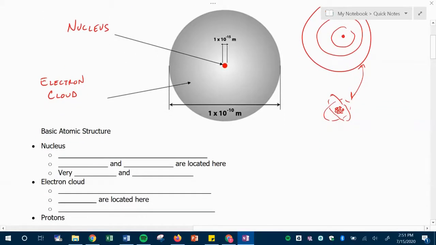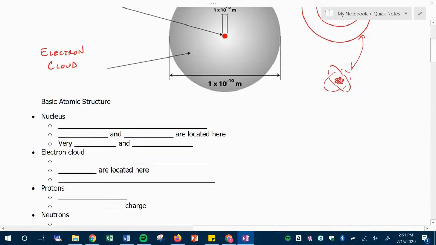And so the first part is the nucleus. Now, the nucleus is always going to be located in the center of the atom, meaning it's the central part. Now, the nucleus itself is actually incredibly small compared to the rest of the atom. And so here inside the nucleus, even though it's small, it does contain two different particles.